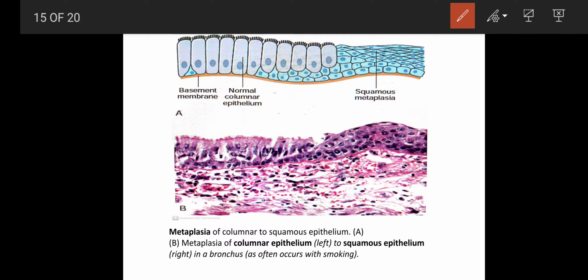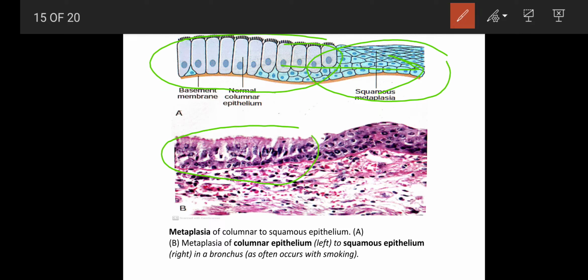If you look at this example, on the left hand side is a columnar epithelium, which is a normal lining of the respiratory epithelium, and on the right hand side we see there is a metaplasia. The columnar is changing into a squamous. Usually this occurs in people who smoke. In smokers, the columnar epithelium, which is normal epithelium, changes into a squamous epithelium.